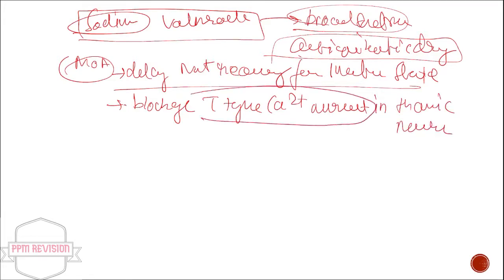Okay, there is blockage of T-type calcium channels, and this is similar to ethosuximide.